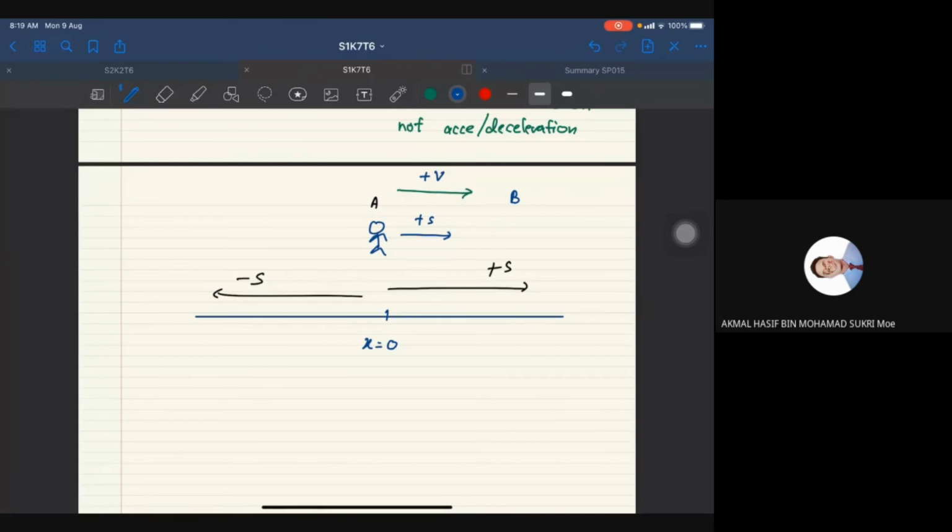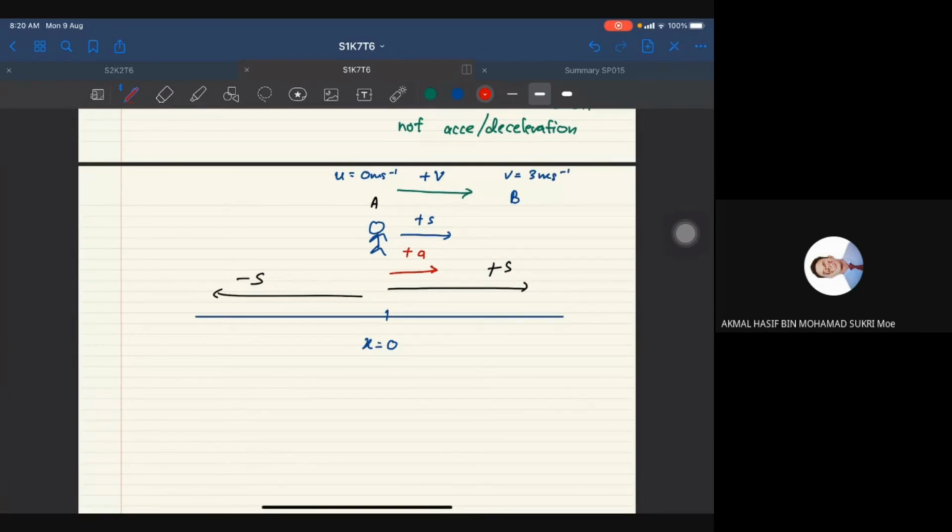What if this person initially starts from rest, so u equals 0 initially, and then starts to run, and the velocity at B is equal to 3 meters per second. Which direction is the acceleration, to the right or to the left? Right. Does this mean acceleration is positive or negative? Positive. Very good.